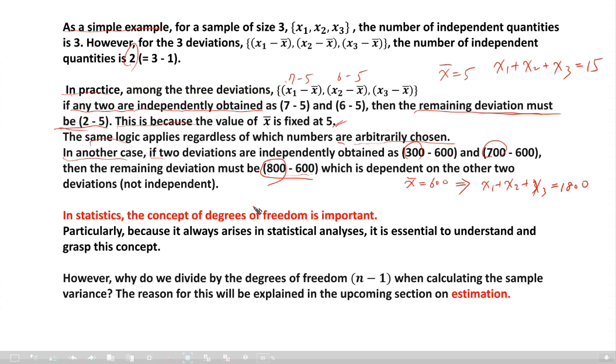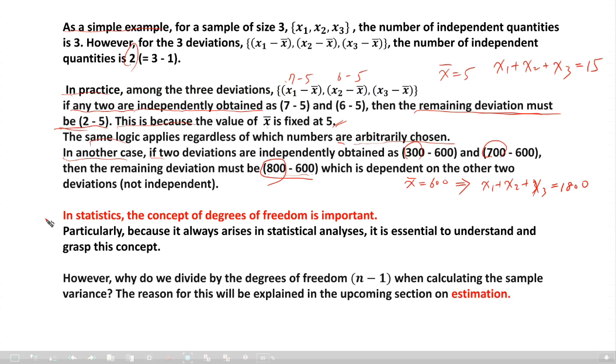Only two deviations are independent in this example. All right, I believe you understand this concept.